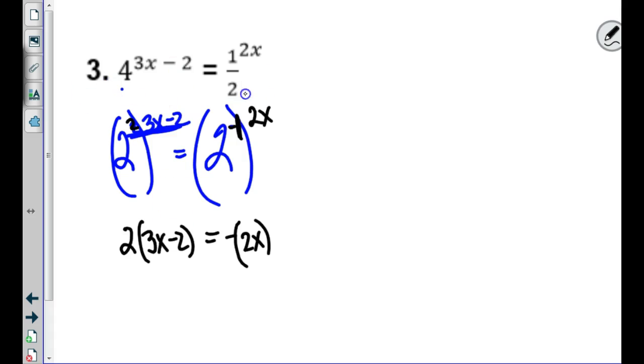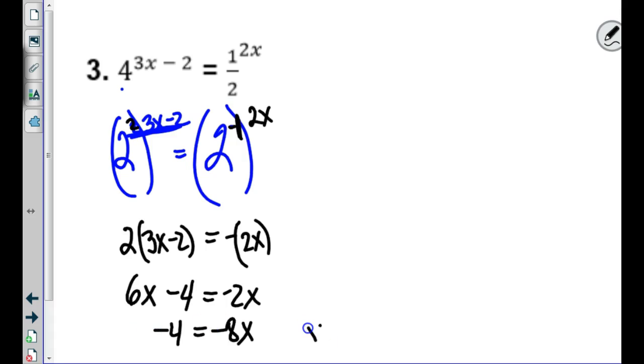If you try to do these by taking the log of both sides, it's hugely messy and you're going to get nasty decimals at some point. Anybody else getting 1/2? Solve carefully. Did I do something wrong?